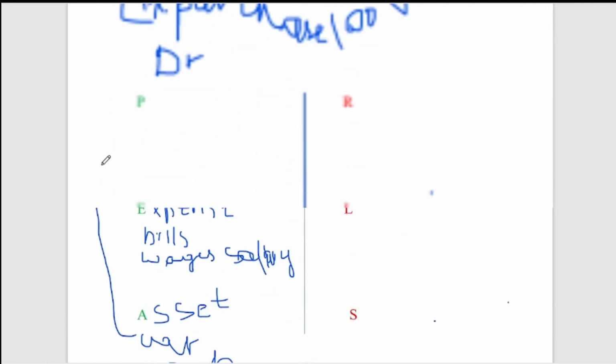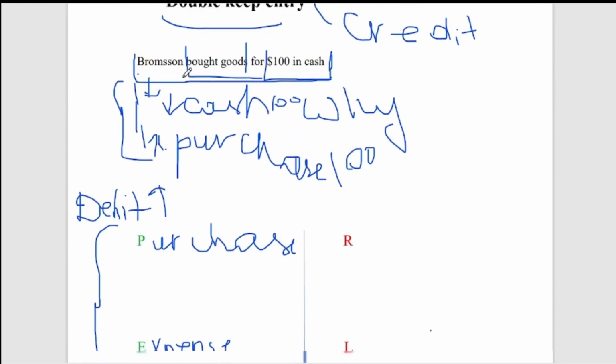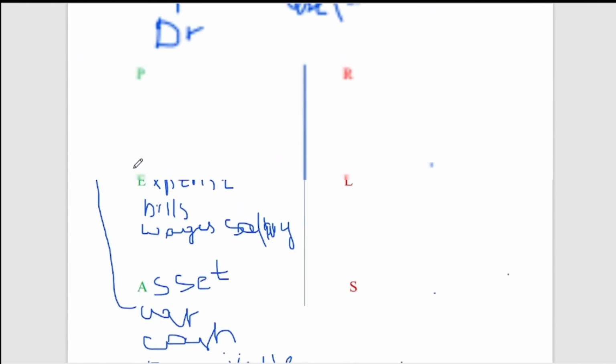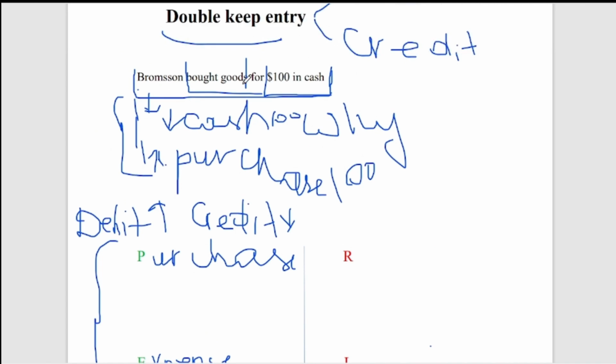And when there is an increase on this side, it is considered as debit. And if this side decreases, it means that it is our credit. Let's say in our first example, our cash has decreased, right?